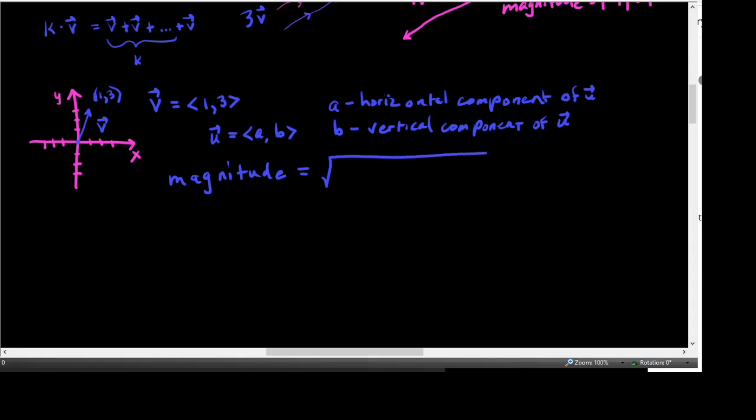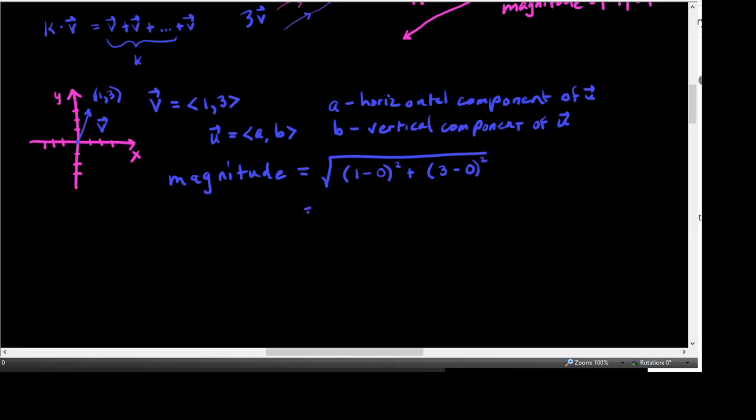And we know the distance formula is always going to be the square root of x sub 2, so 1, minus x sub 1, always 0 if we're using component form, one of the points is the origin, squared, plus y sub 2, which is 3, minus y sub 1, again 0 because it's the origin, squared.